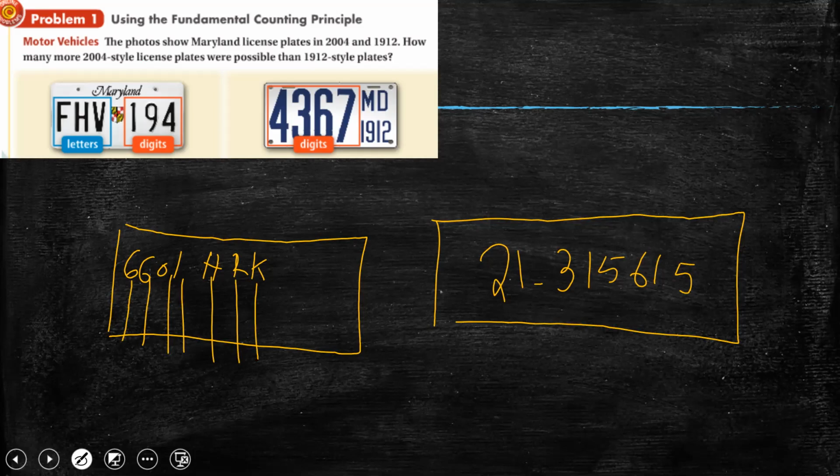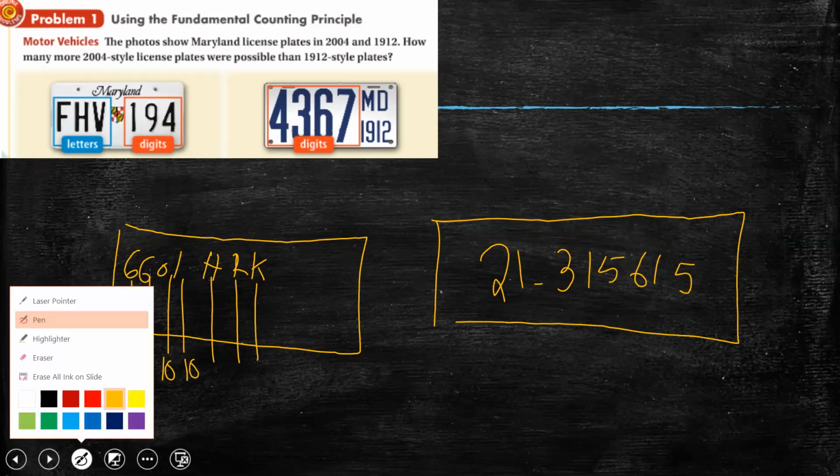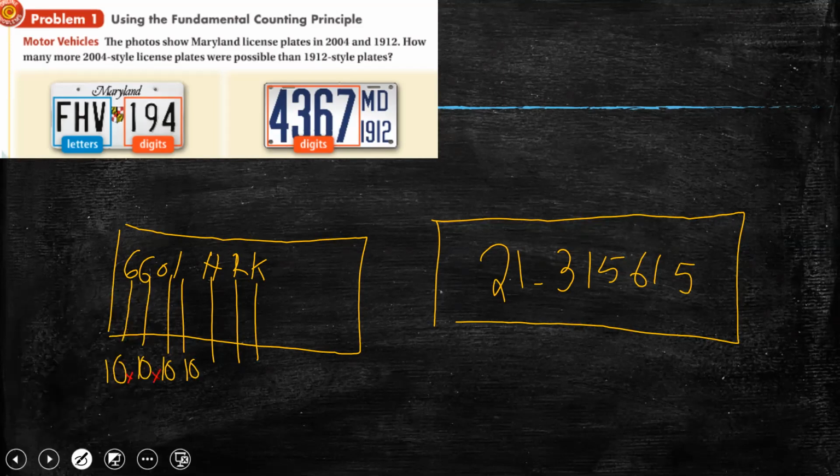So how many choices do I have? 10. Exactly. For the other 6, after I get the 6, I want the other 6 now. How many choices? 10 also. For the 0, 10. For the 1, 10. So I just multiply 10 times 10 times 10 times 10.